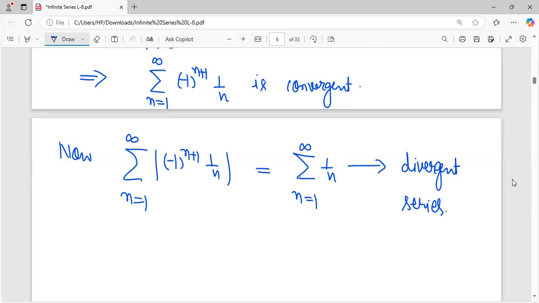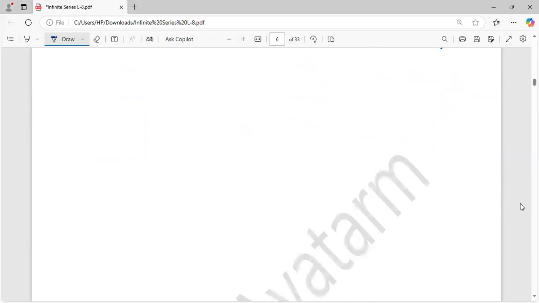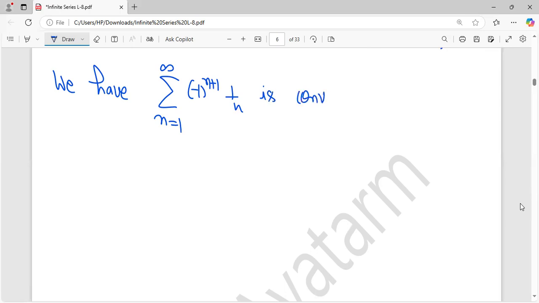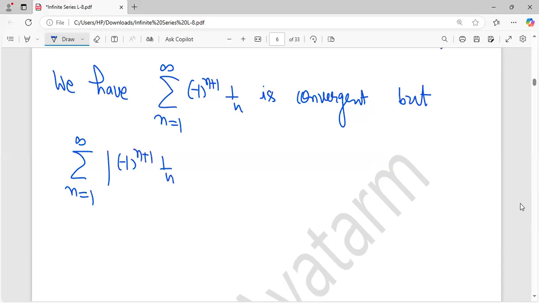So we have that the series minus 1 to the power n plus 1 upon n is convergent, but the series summation n goes from 1 to infinity of 1 upon n is not convergent.